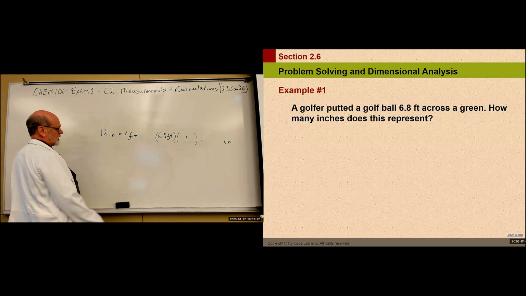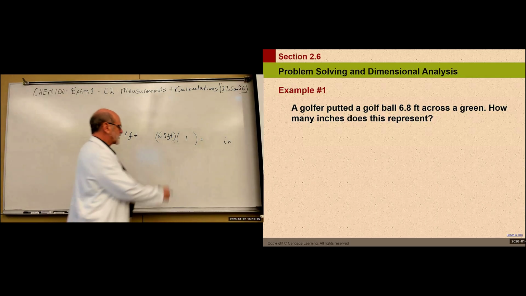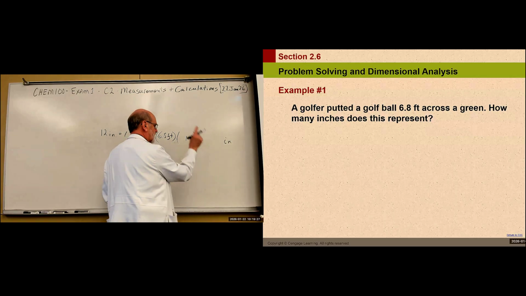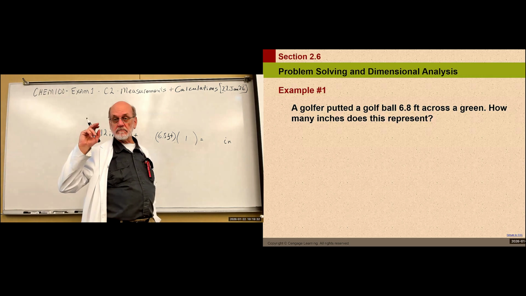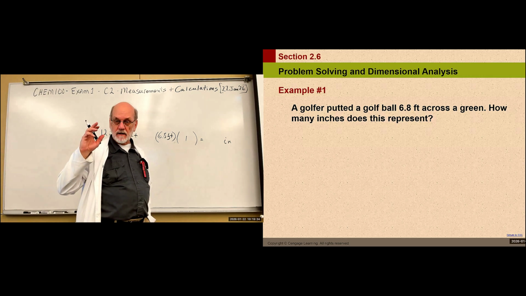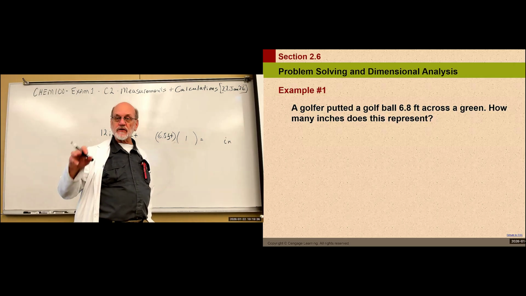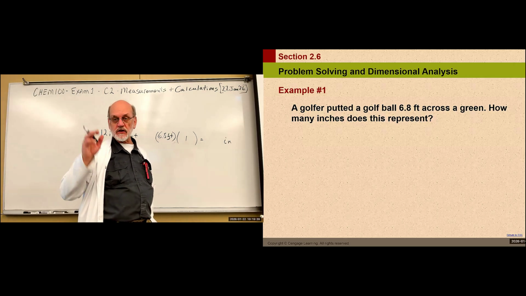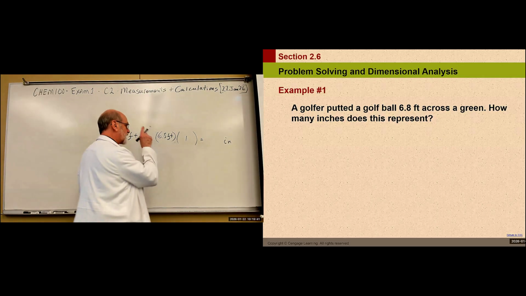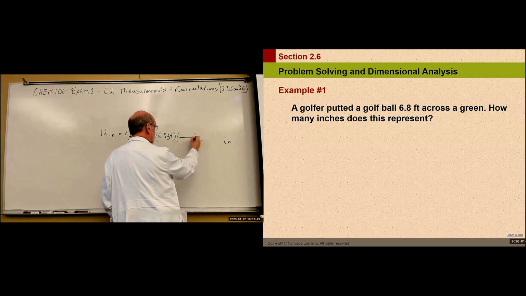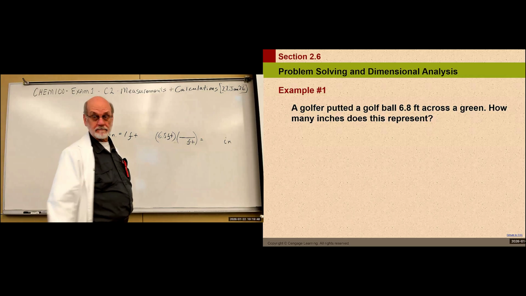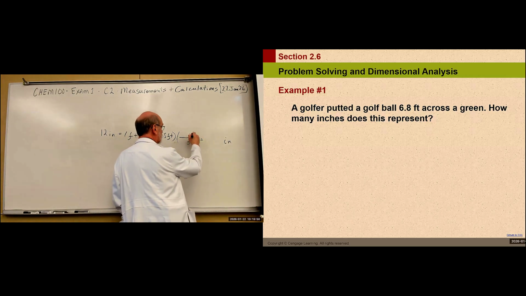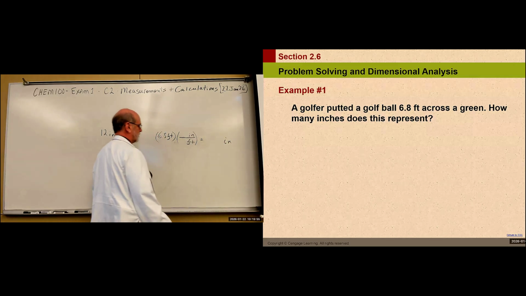So we need some way to get rid of that feet and give us inches. And remember, whenever you operate on 2 or more numbers, you have to do the same operations on the units. So if we want to get rid of that feet, we need feet in the denominator to cancel it, don't we? Right? And that means we need inches up here to remain and give us our value.